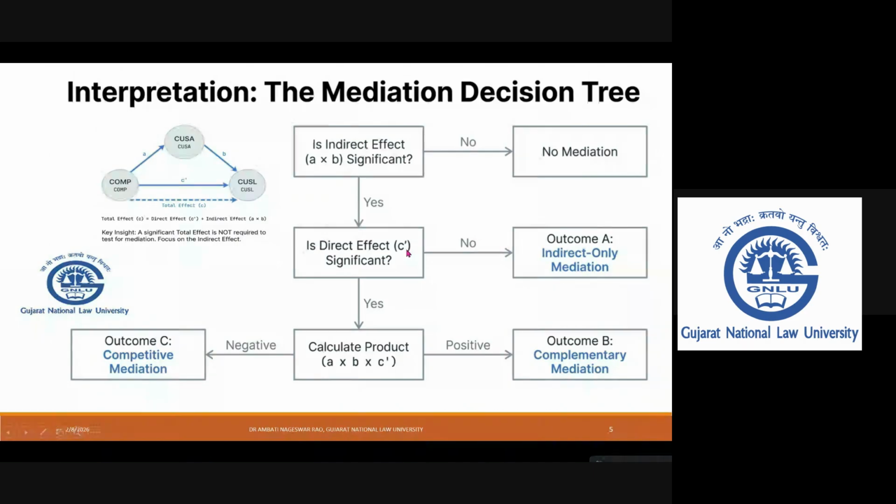Now, is only the direct effect significant? The outcome is direct-only mediation. Here, as we calculate the direct effect and indirect effect, we are going to look at whether the value is negative or positive. Based on this, I'm going to explain this particular slide maybe after a couple of minutes.